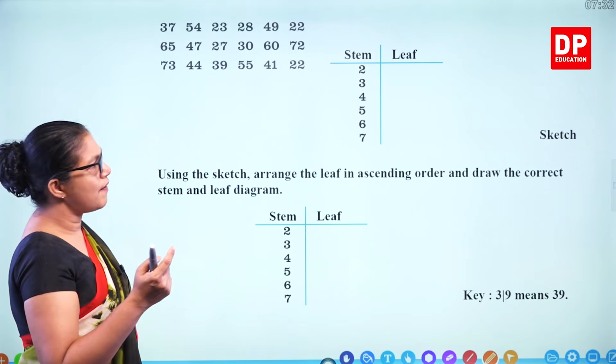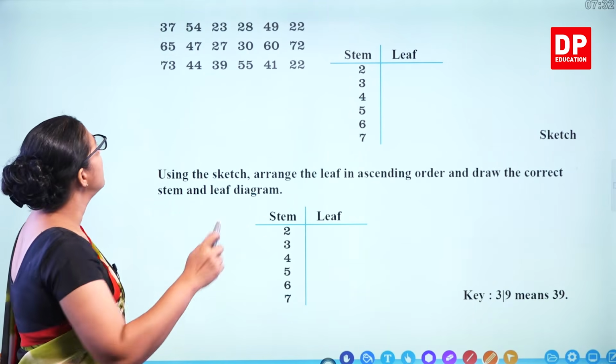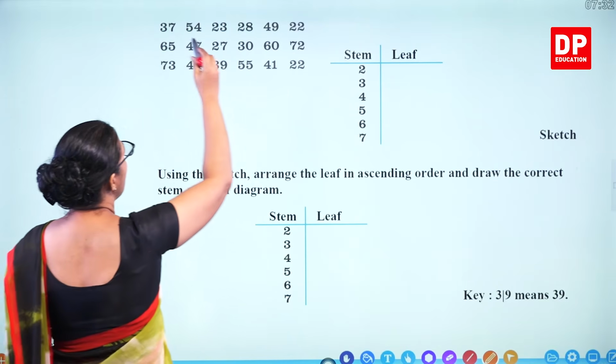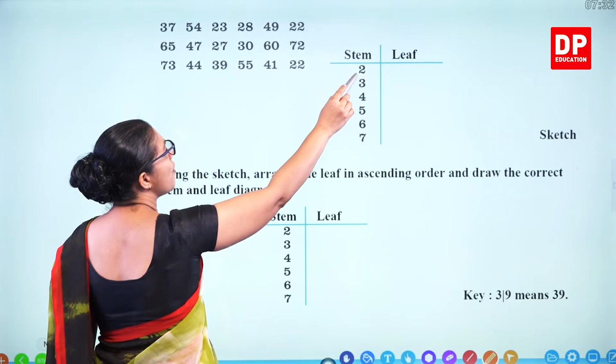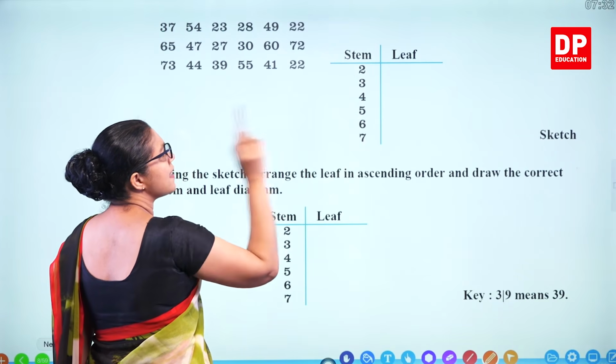Now we'll identify stem and leaf. First, from the beginning you can write down the stem values. So here, starting from 2 you get 2, 3, 4, 5, 6, 7.